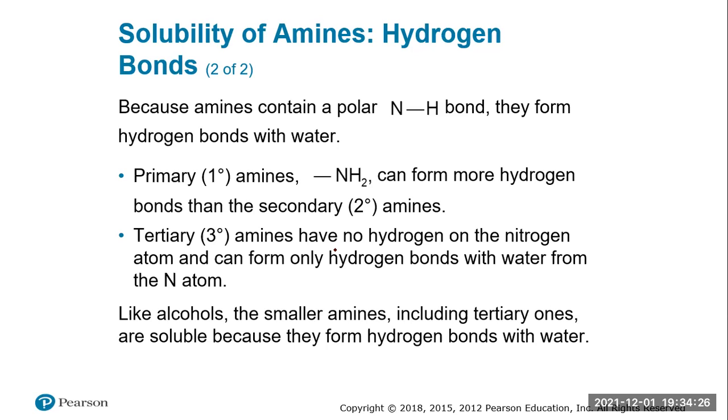Because these smaller amines, primary, secondary, and tertiary, have the ability to hydrogen bond with something like water, that makes them relatively soluble, with the normal limitation we just talked about: if you have a lot of carbons involved, that will really limit the solubility in water. Any questions on that?